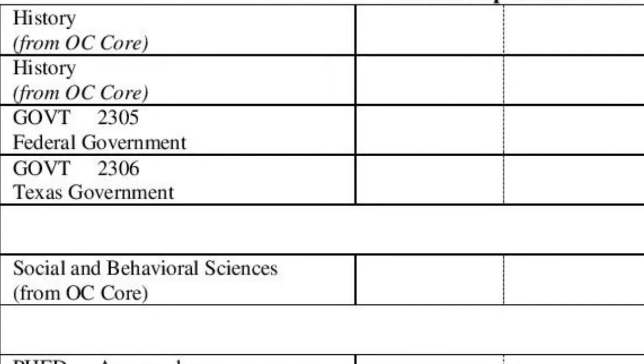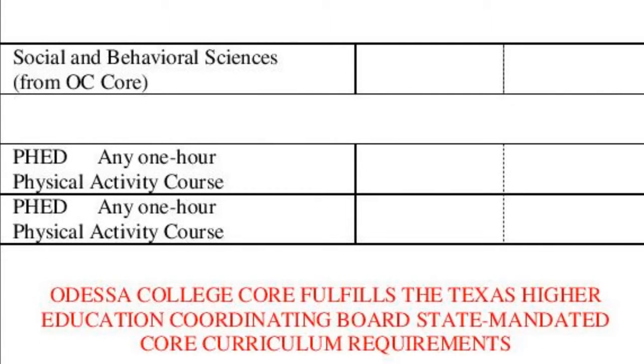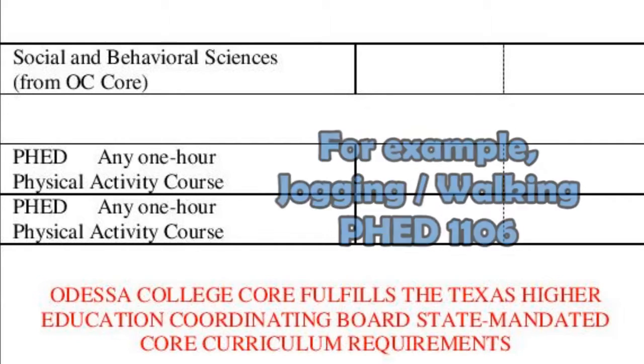Under the Social and Behavioral Sciences, you can choose to take either General Psychology 2301 or Child Psychology 2308. There are 2 credits of PE required. These PE credits must consist of an activity course like jogging and walking.